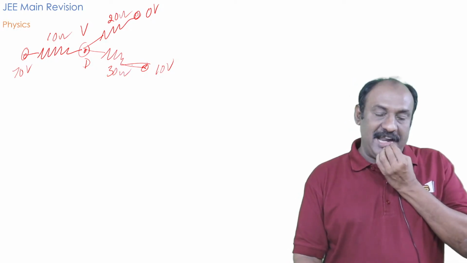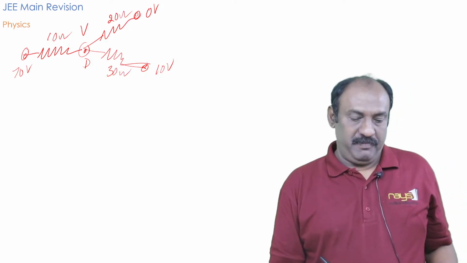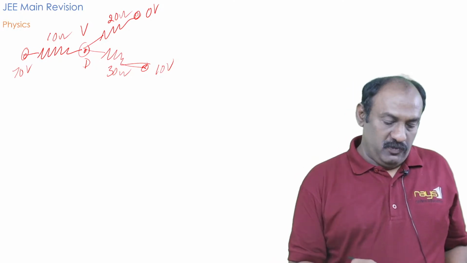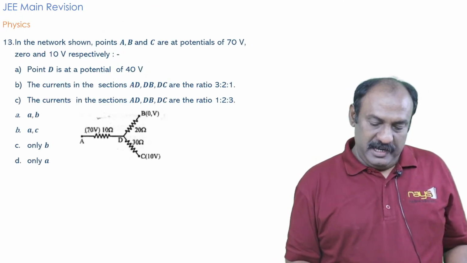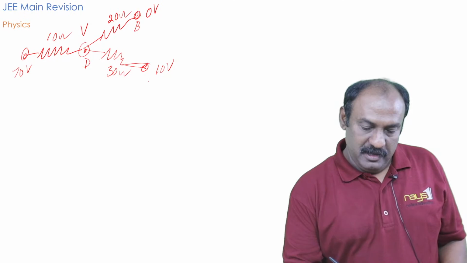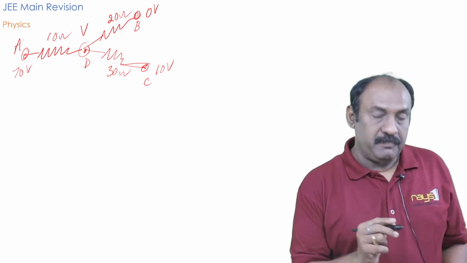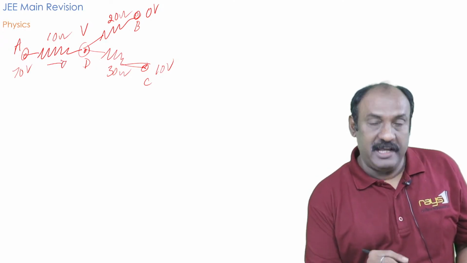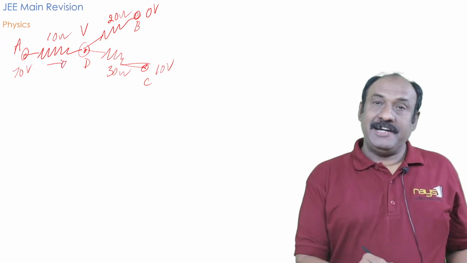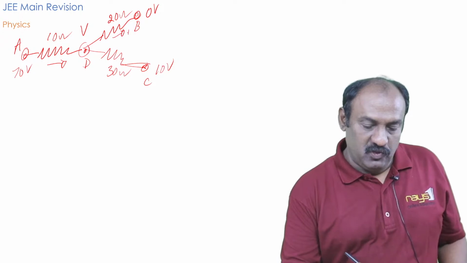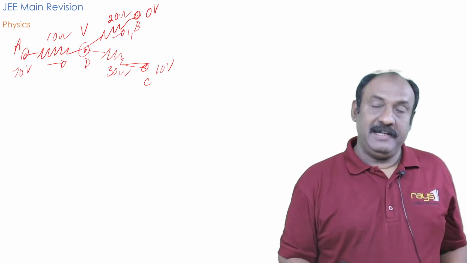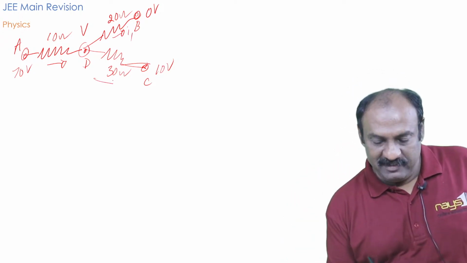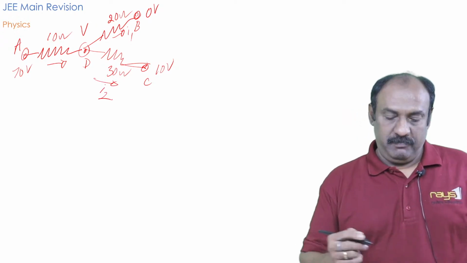So what we have to calculate is the potential at junction D and also the current through AD, DB and DC. Let I be the current flowing from A to D, and at junction D it splits as I1 through DB and I2 through DC.